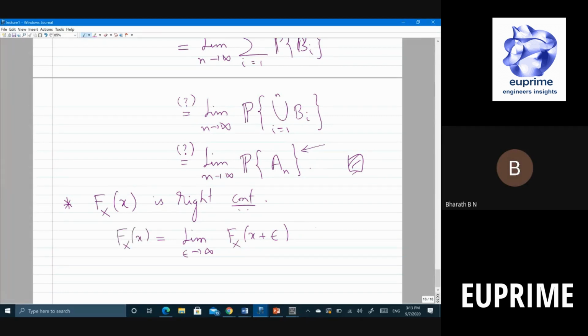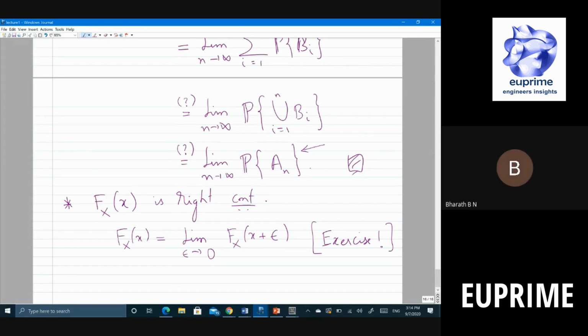So I will leave this as an exercise. Tomorrow Savan will upload the first set of homework. So that will be part of this homework problem. You need to show that this is right continuous. Is that fine? Oh, I'm sorry, this is 0, right? Nobody corrected this.